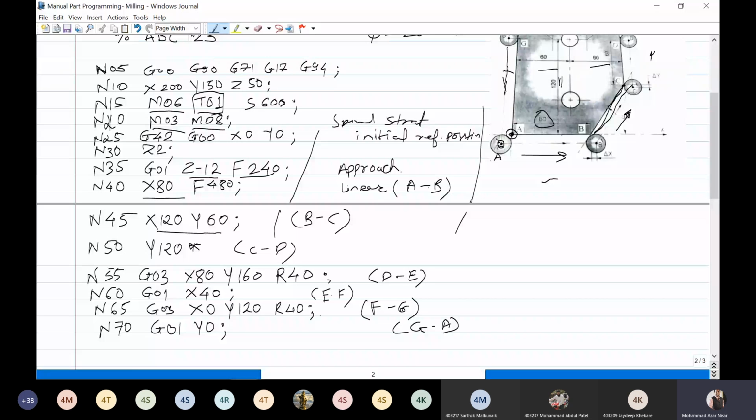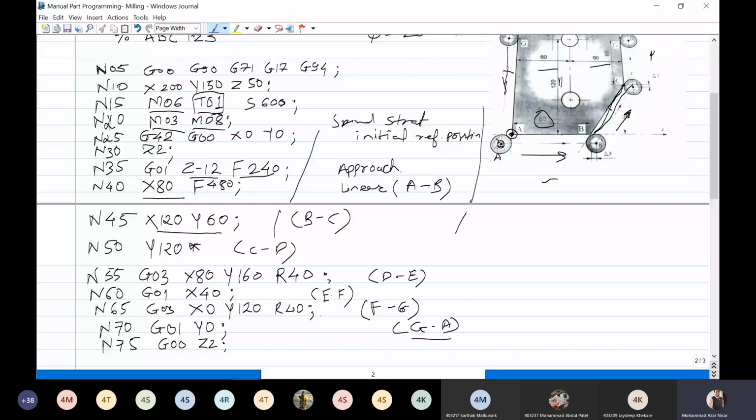Now after completion of this milling, you have to move your cutter in the upward direction, because you have completed milling the periphery of this profile. For that, N75 G00. There is no cutting, so I am using G00 and Z2.